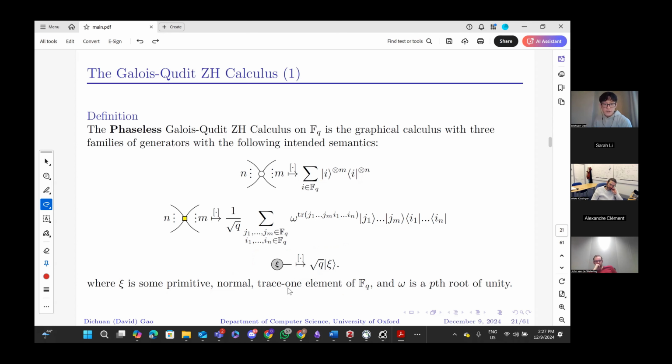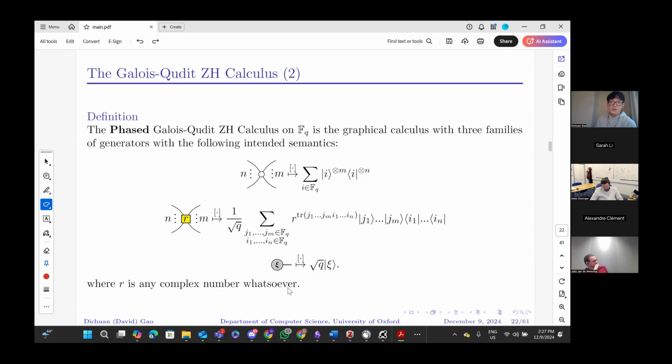So this is my calculus. As before, as in the qubit case, you can introduce phases to it, or labels to the H spiders, by simply replacing that pth root of unity omega with any complex number whatsoever. Okay, so that's the definition of the calculus.